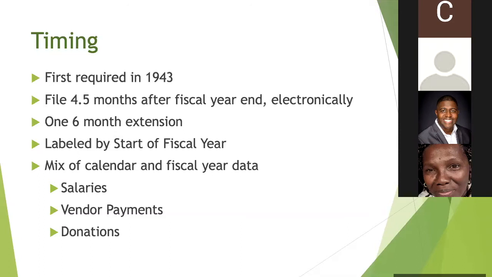Particularly where this comes into play is on salaries. You're going to have to actually give them both. Vendor payments, you're going to give them both. And donations, you're going to give them both. So you're going to have your records in 2 different ways to complete the Form 990. Becky, next.